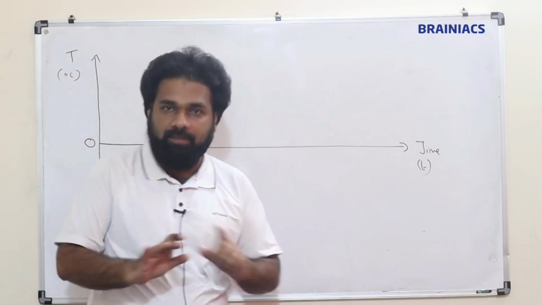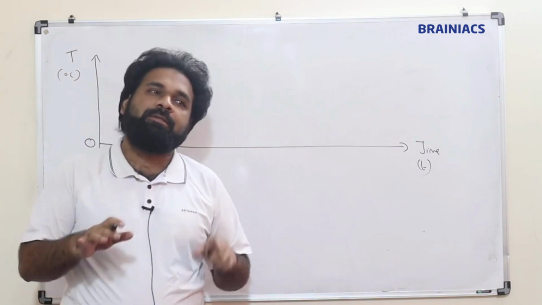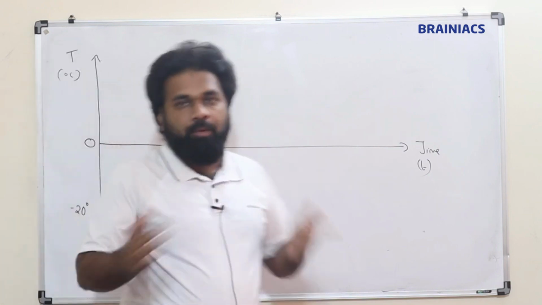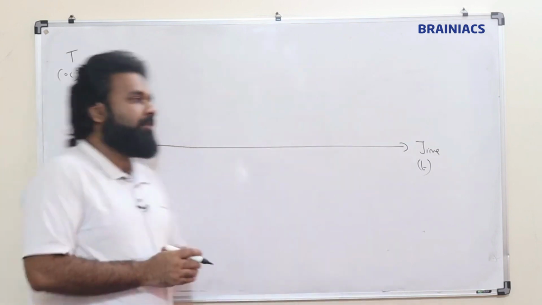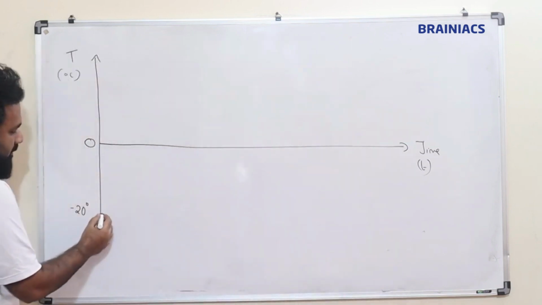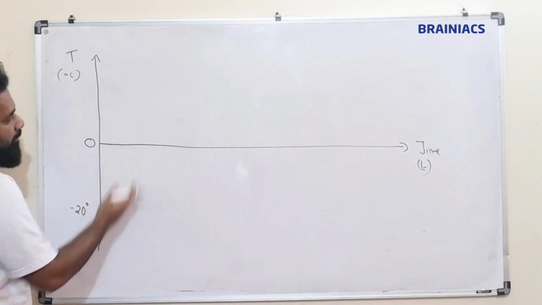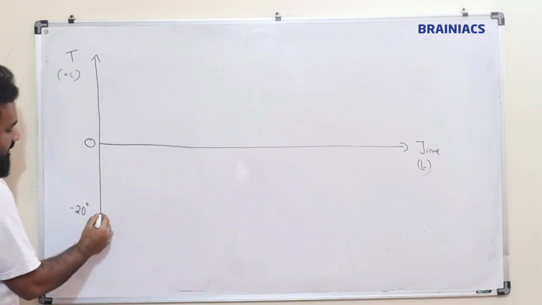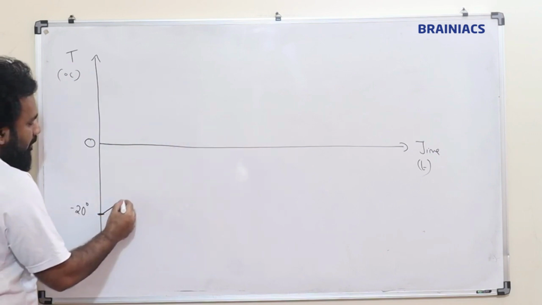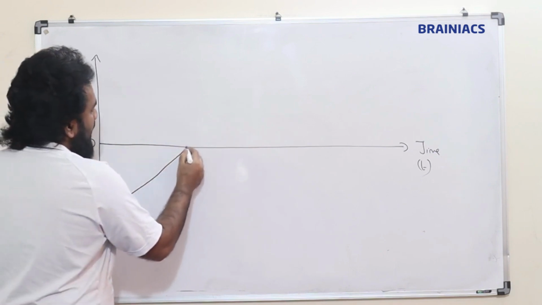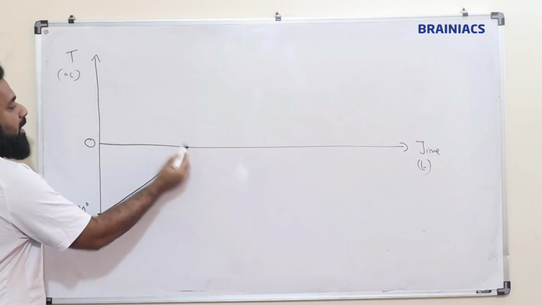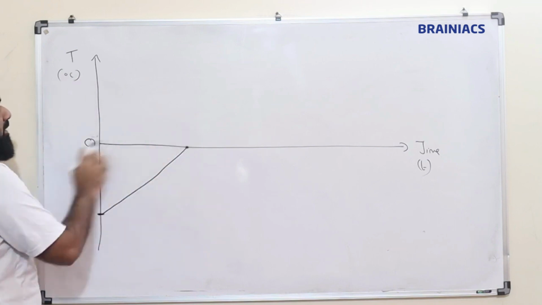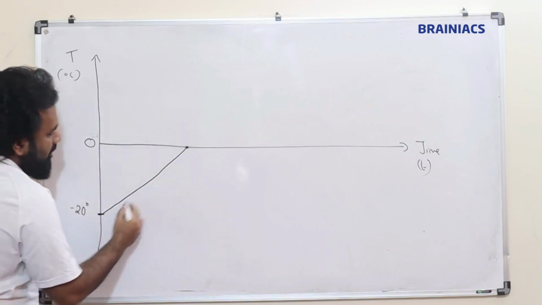We are considering normal temperature and pressure, that is at 1 atmospheric pressure. We need not mix in the triple point here, we are considering the normal situation. If we keep on applying heat, as time moves, its temperature will keep on increasing, and this will become ice at 0 degrees Celsius.